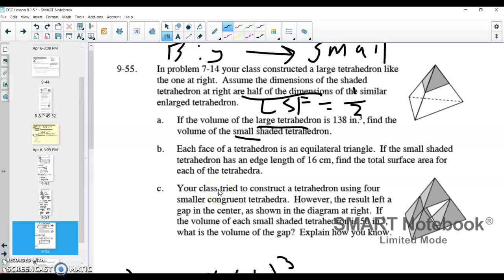All right, and now I think this one's worded kind of funny, so what I'm going to do here is find the surface area of just one of the tetrahedrons, and then I'm going to find the surface area of the whole shape. All right, just because I honestly, when I read this question, don't know exactly what they're looking for. They say total surface area for each. Does that mean they want to find just one because it's each, or do they want to find all of them? So I'm just going to do both.